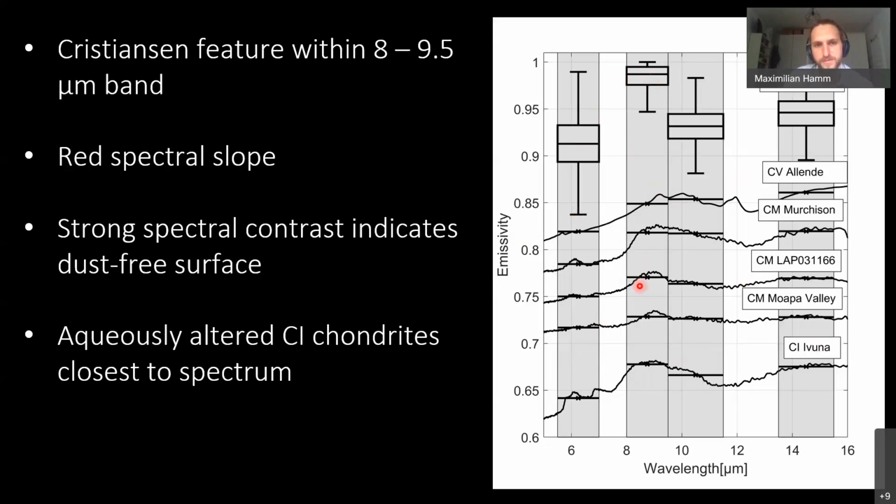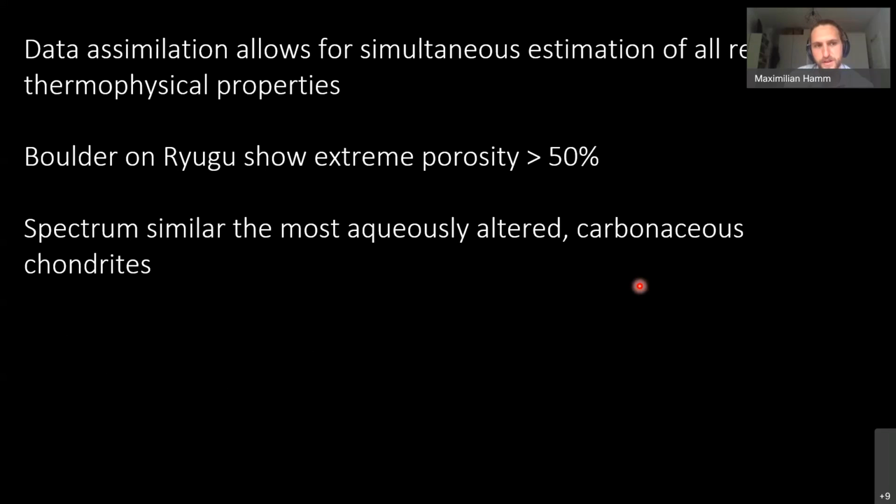So in summary, we use data assimilation to simultaneously estimate all these thermophysical properties, which are the three parameters of our model.